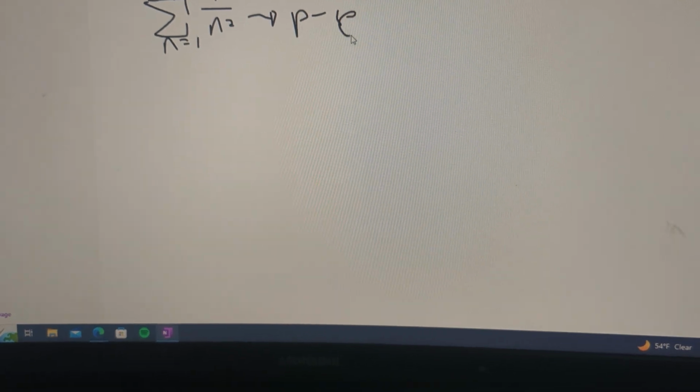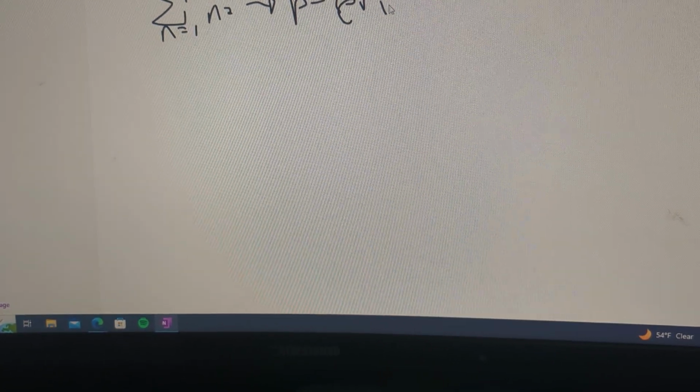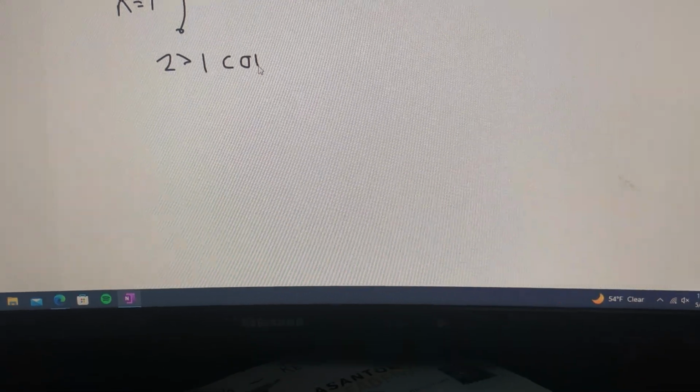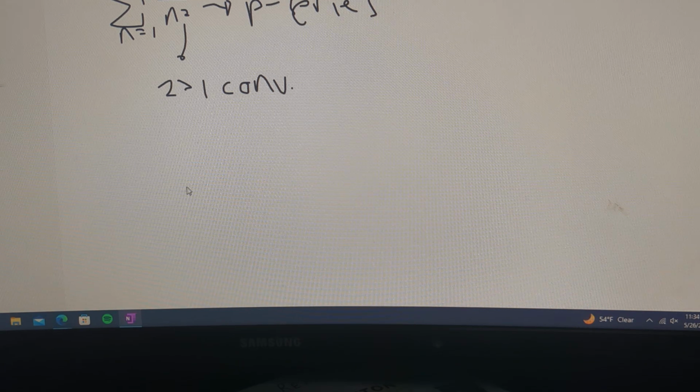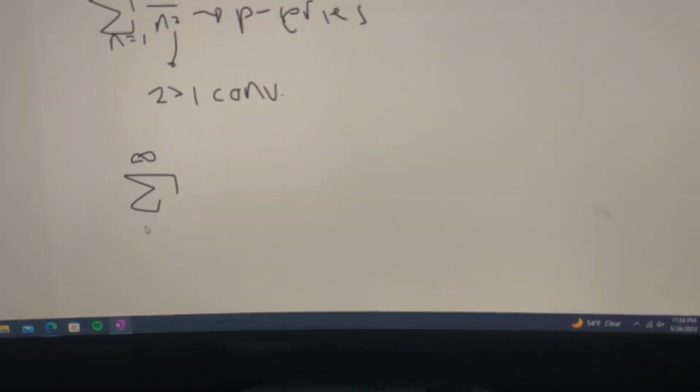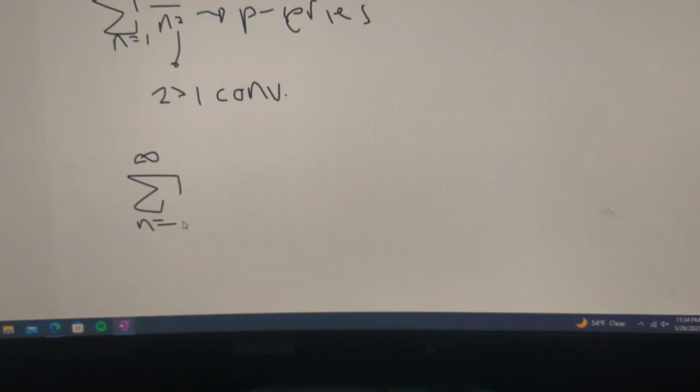You can use the p-series test to find out whether this converges. As we know in the p-series test, if p is greater than 1, it's going to converge. 2 is greater than 1, so this series converges. Now we have to look, obviously, at the absolute value of the series.